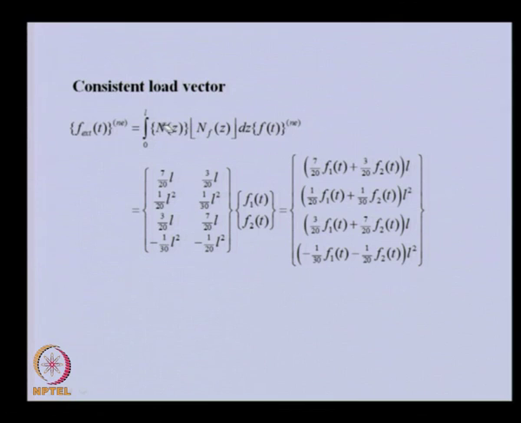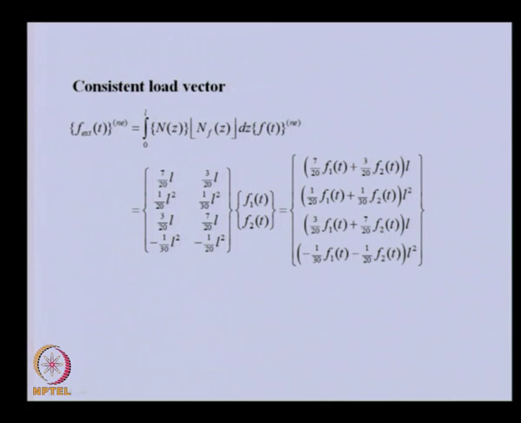So, not only the shape function of the element is there, but the shape function of the force is also coming. If we integrate this, we will get the consistent force vector for linearly varying force like this. So, these are the forces, these are the moments.